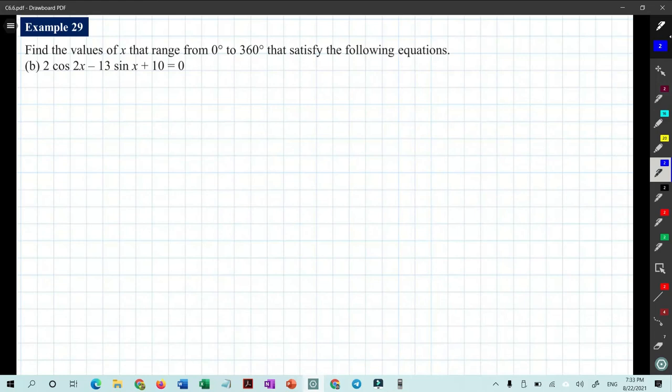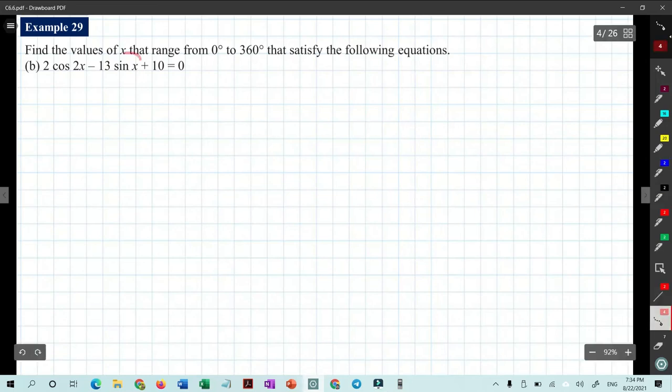Okay, let's look at question B. 2 cos 2x minus 13 sine x plus 10 equals to 0. Okay, and once again we're going to use double angle formula, and the double angle formula that we're going to use here is actually related with cos.